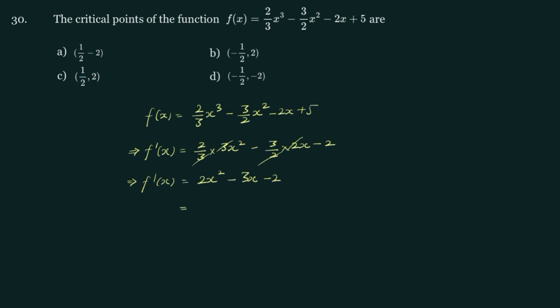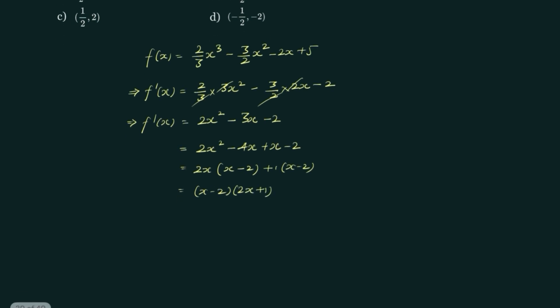Let us factorize this. So it will be 2x square minus 4x plus x minus 2. 2x common, x minus 2, plus 1 common, x minus 2. So x minus 2 times 2x plus 1. Now here, if I equate x minus 2 with 0, then my critical point will be 2.